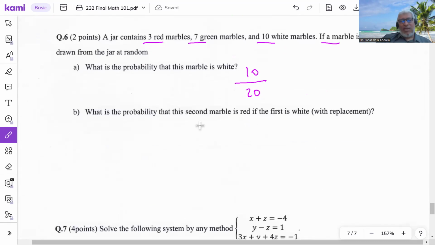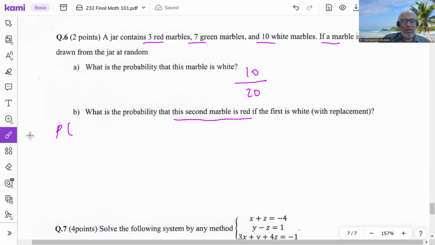What is the probability that the second marble, he means, okay, the second marble is red if the first is white? So he's asking about the probability that the second is red if the first is white.